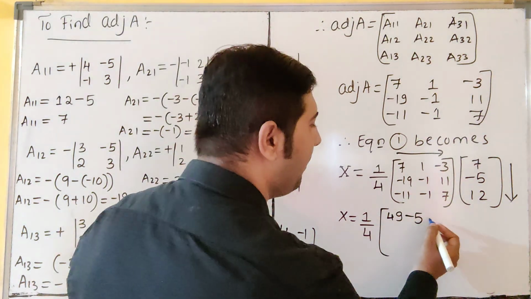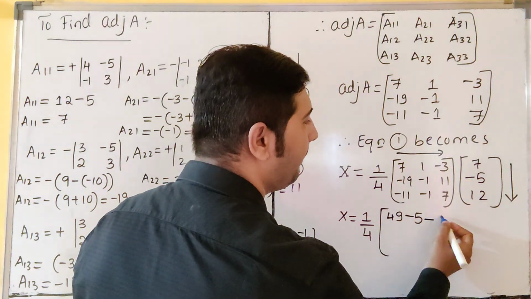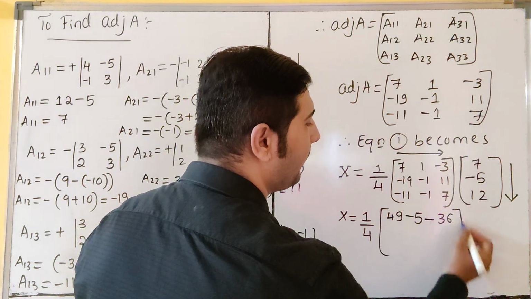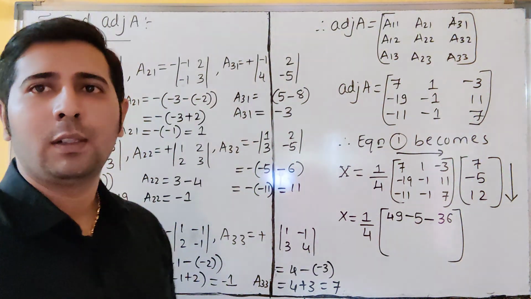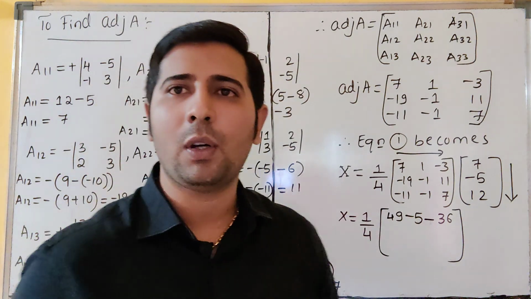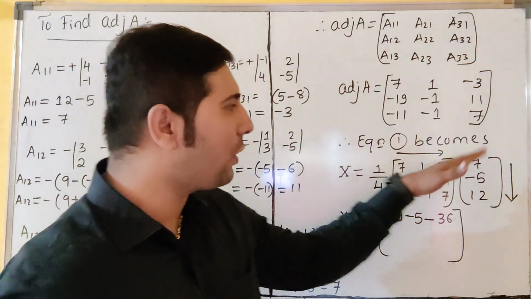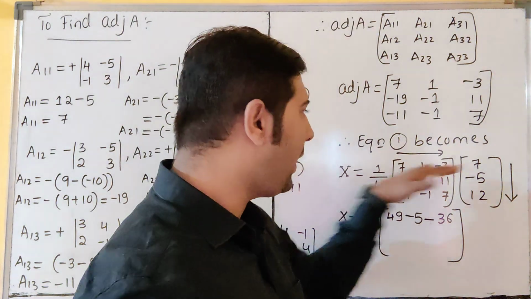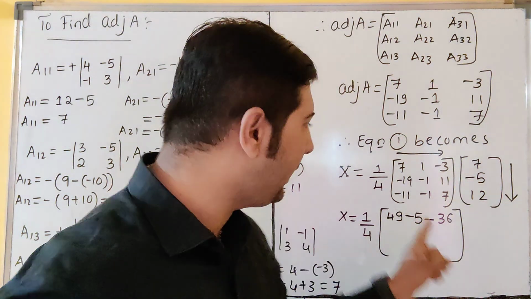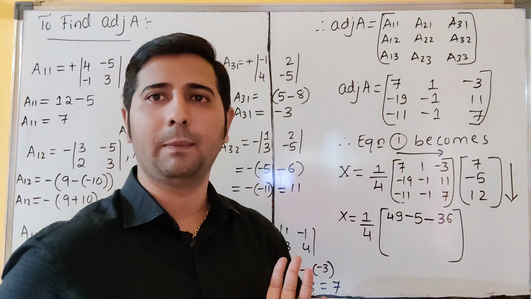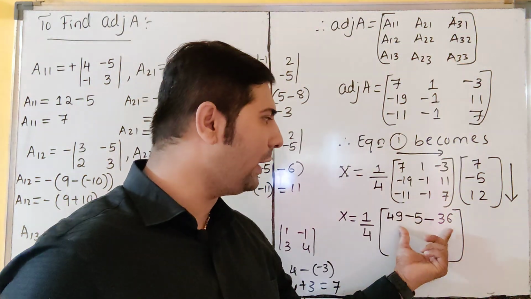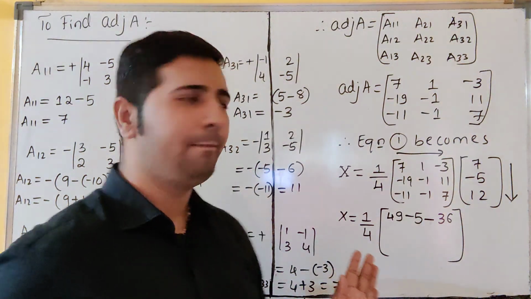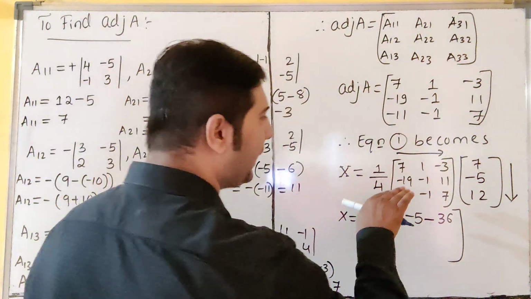Then minus 3 into 12 is minus 36. Understood? 12 threes are 36 only. First row, first column is over. There is no second column, so close the bracket. Only one element; don't write separately.